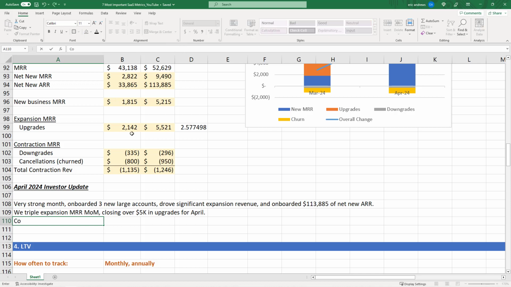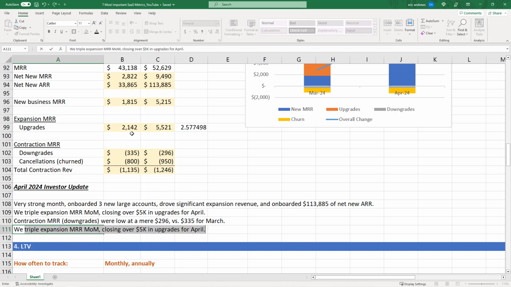And then contraction MRR downgrades were low at a mere 296 versus 335 for March.